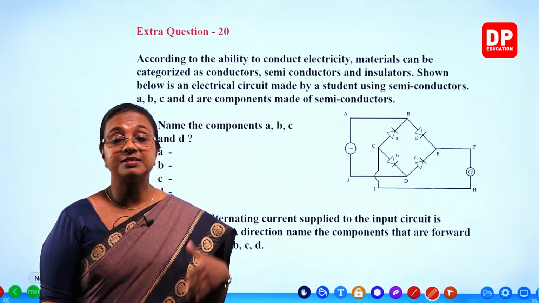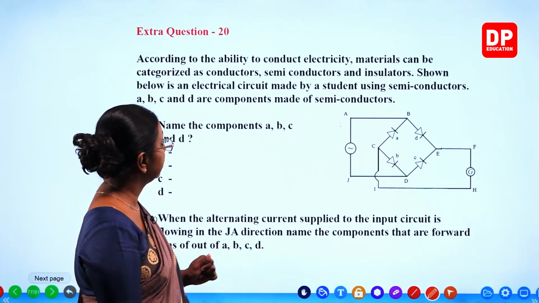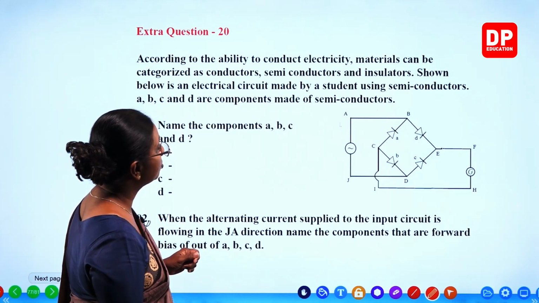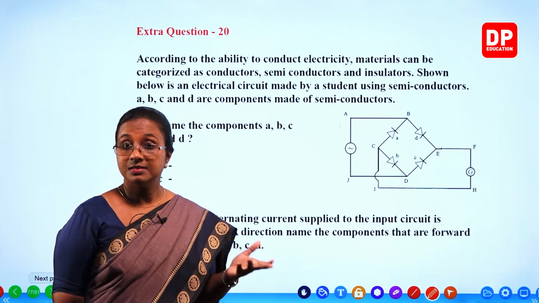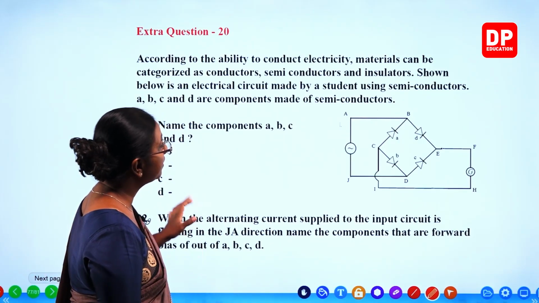And insulators are materials that do not allow current to flow through them easily. Shown below is an electrical circuit made by a student using semiconductors. A, B, C and D are components made of semiconductors.